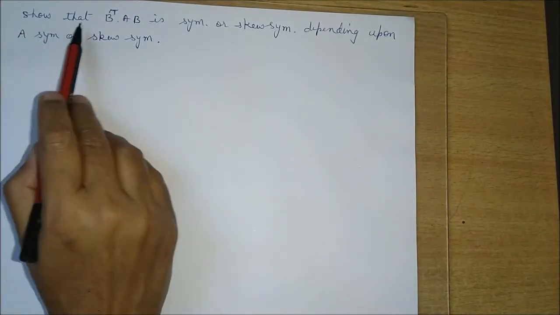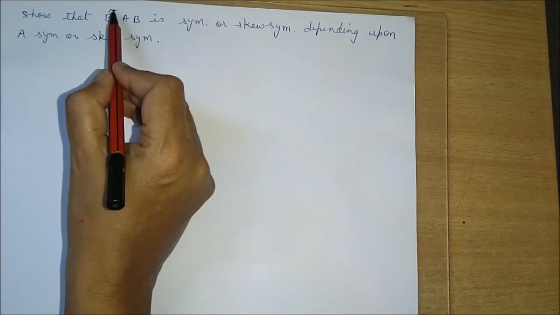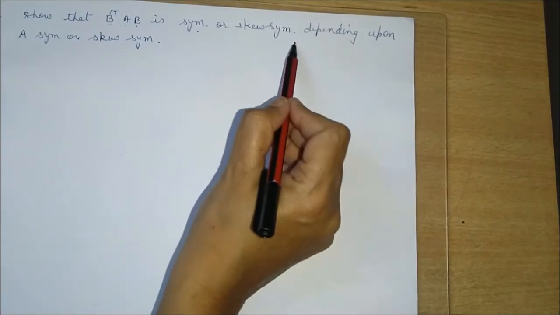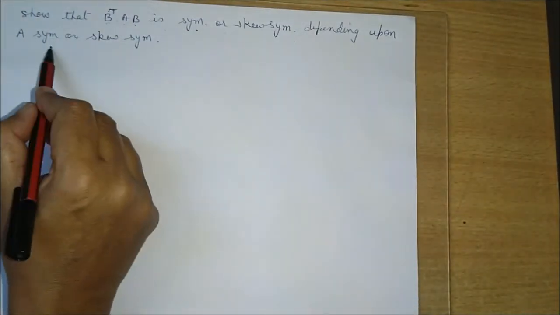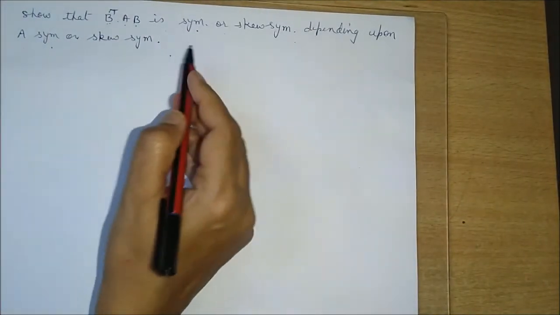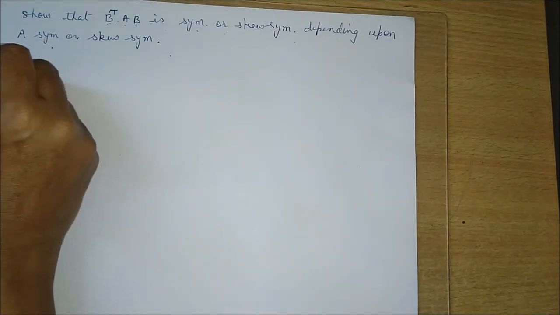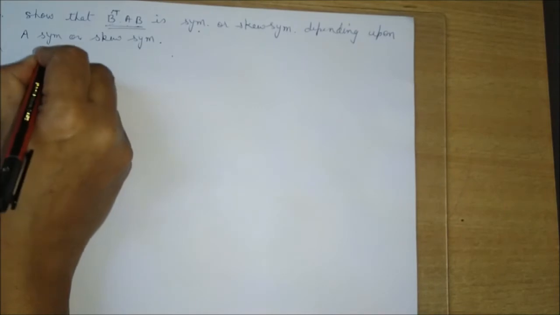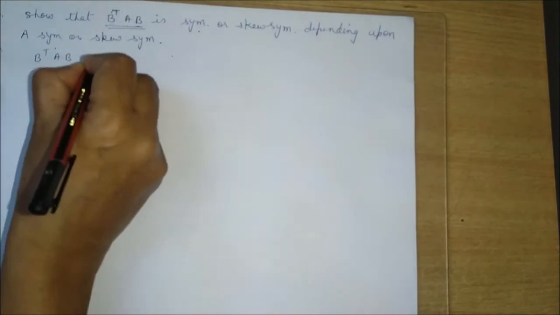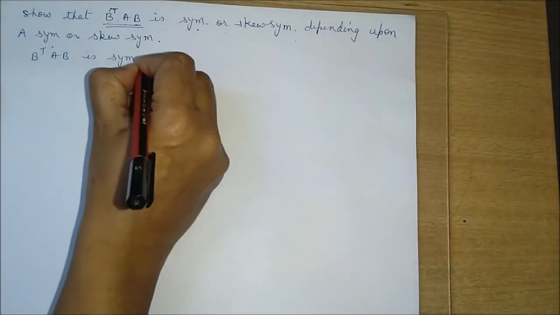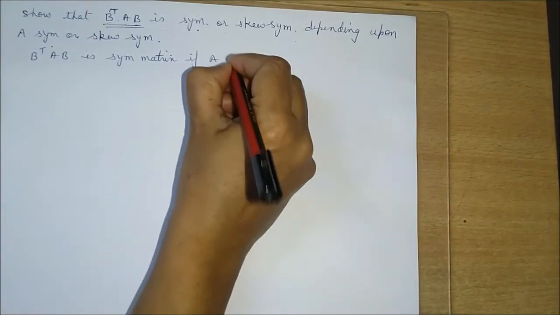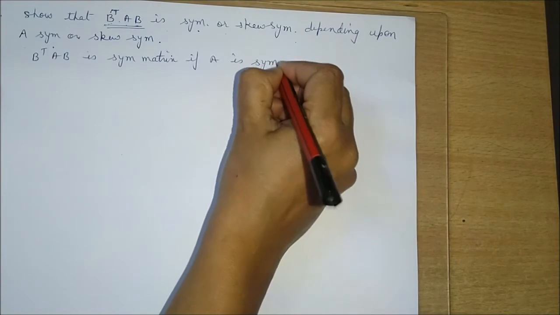Question is, show that B transpose into AB is symmetric or skew symmetric depending upon A symmetric or skew symmetric. Now according to the question, the given matrix B transpose AB is a symmetric matrix if A is symmetric.